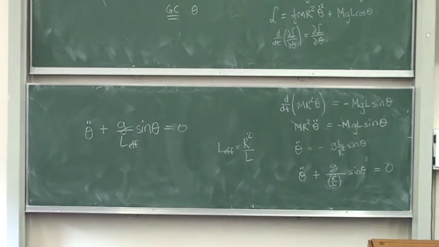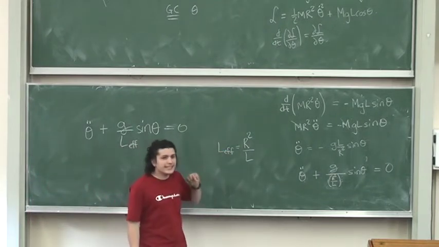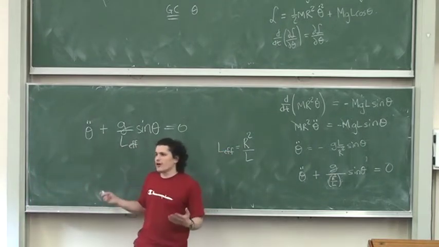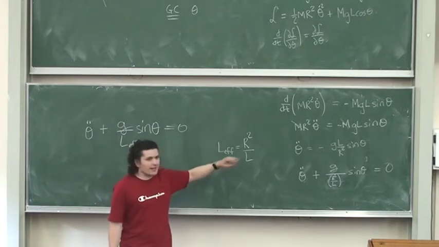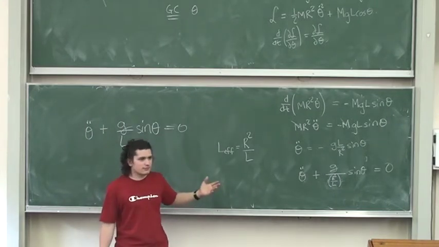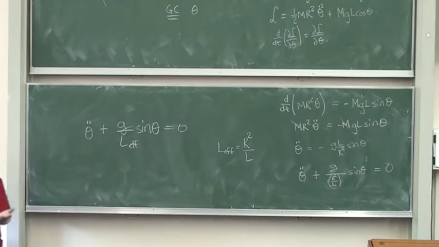So what do we realize? A couple of things. Firstly, for a simple pendulum, all the mass is concentrated at the center of mass. And if you work everything out, that essentially means that R and L are equal. And when R and L are equal, R squared over L is equal to L, the length of the simple pendulum. So this does reduce correctly.